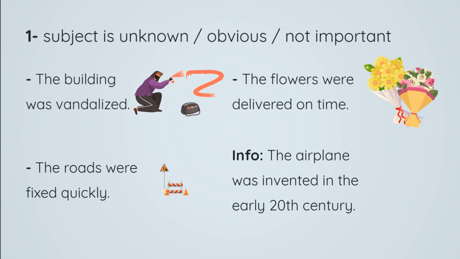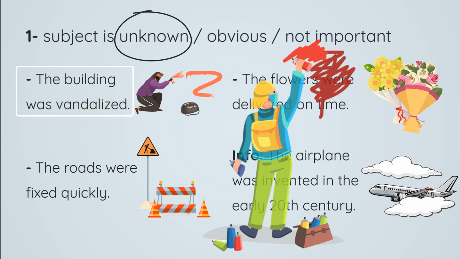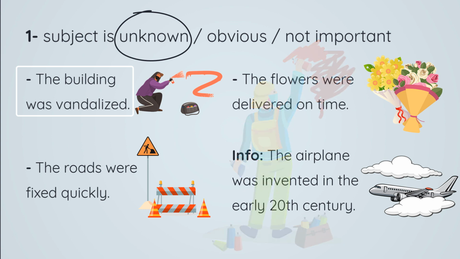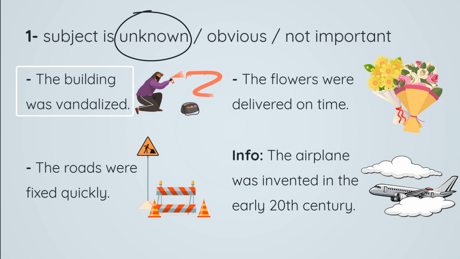So let's look at subject is unknown, obvious, not important first. The building was vandalized. Now, first of all, what does vandalized mean? Vandalized means that somebody came and did some damage to the building. Maybe they spray painted, maybe they broke some windows, etc. So, who did this?